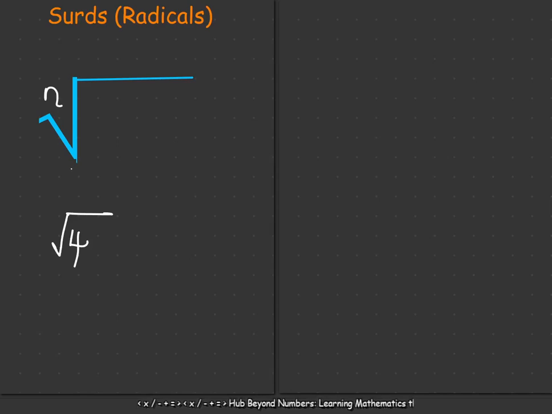So the first thing we need to take note of is the index. Now that we know the index, the next thing in a radical expression is the radicand. The radicand. Now the radicand is the number or expression inside the radical symbol, right? So in this case, I'm going to put an x over there.